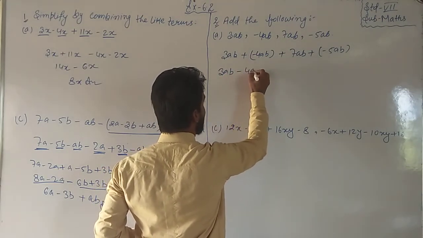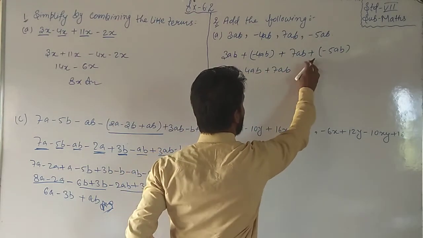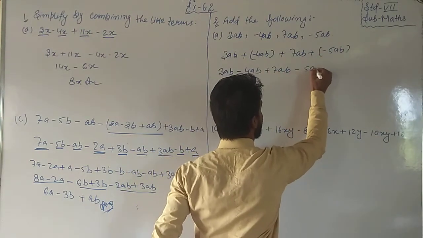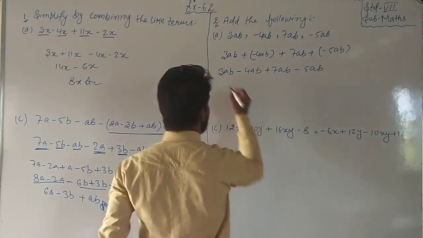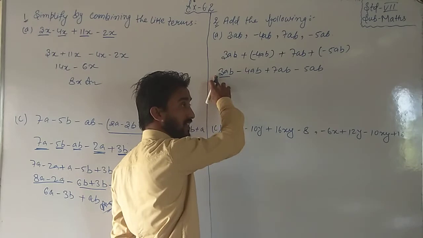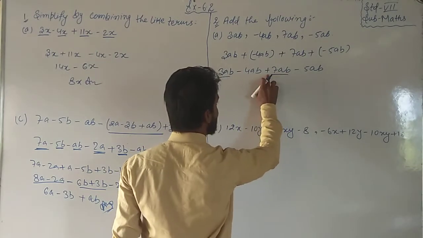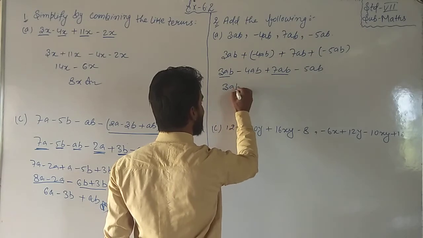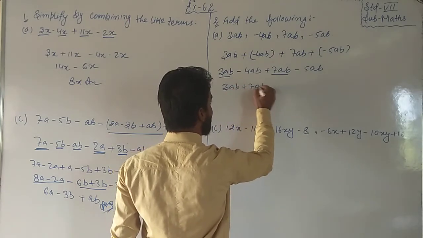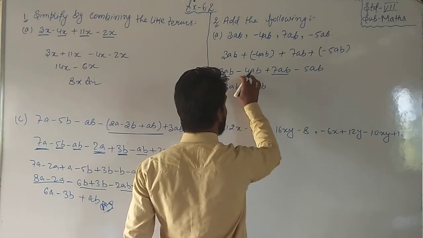Minus 4ab plus 7ab plus or minus minus 5ab. Okay students, see 3ab is positive. If there is no symbol, no sign, it means that the number is positive. Here 7ab is plus, so we can write 3ab plus 7ab. Any more terms which are positive? No. So write the negatives.